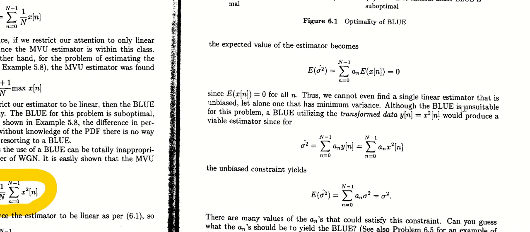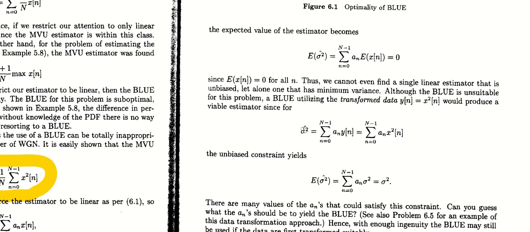So although the BLUE is unsuitable for this problem, a BLUE utilizing the transformed data y equal to x squared will produce a viable estimator. So let's take a look at what happened. We do sigma squared hat equal to summation a_n y_n, and we let y_n equal to x squared.